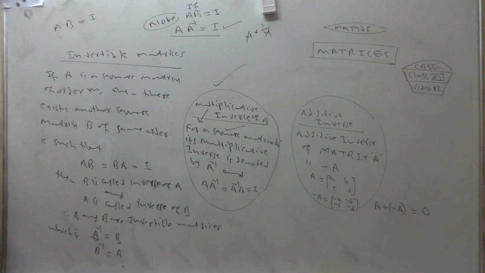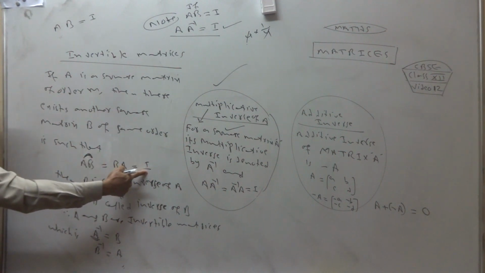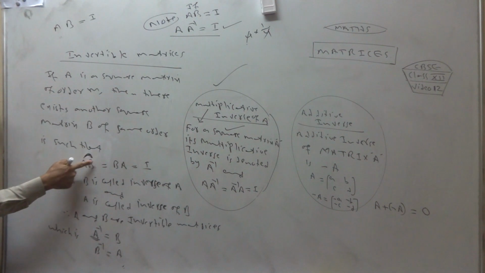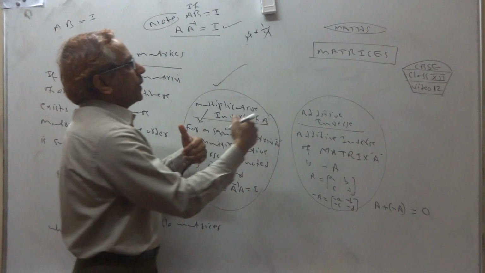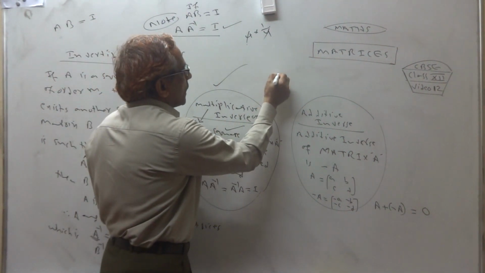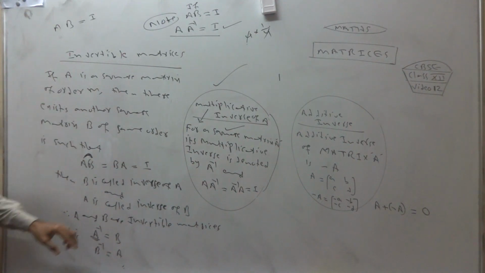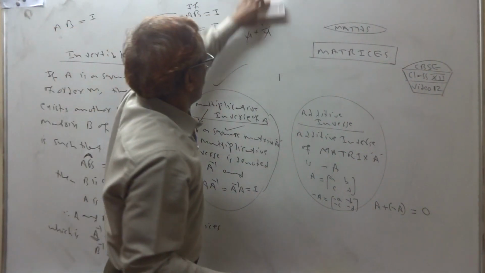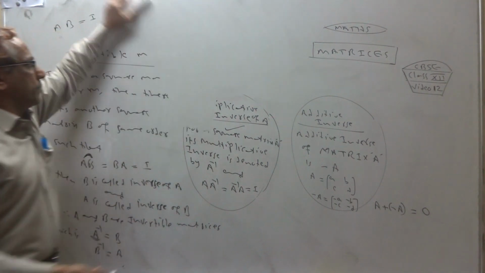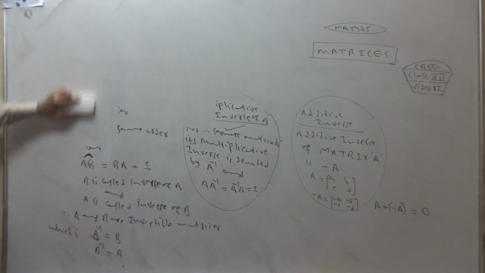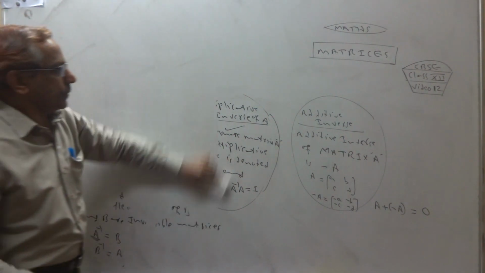So now, whenever we multiply two matrices, if we get I as the result, then they are called inverse to each other. Now the question is, how to find the inverse of a square matrix? That we have to start now.